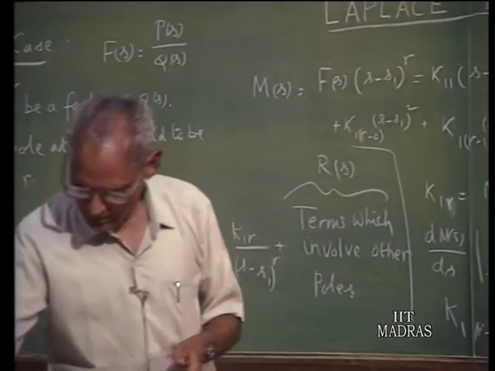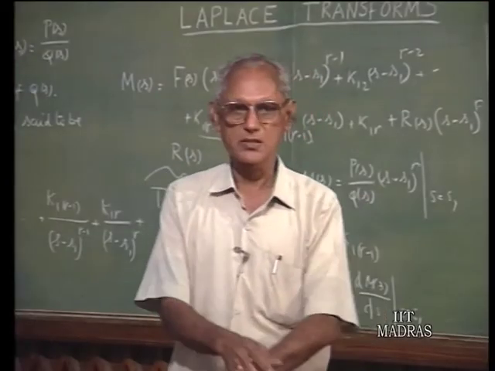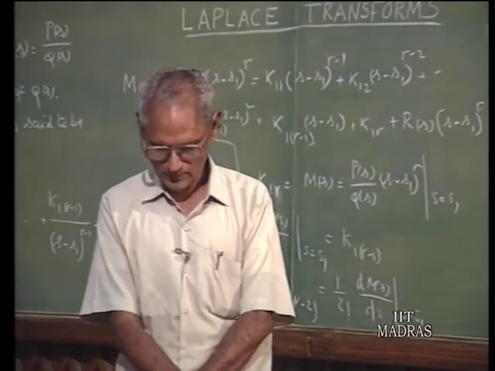So, the principle of finding the partial fraction expansion when you have multiple order poles is again a straightforward extension of what you have done in the case of simple poles, and when you have a combination of simple poles and multiple order poles you have to use a combination of both the techniques. Simple poles is quite straightforward, multiple order poles you have to take successive derivatives of this factor m of s. A combination of these two has to be adopted.